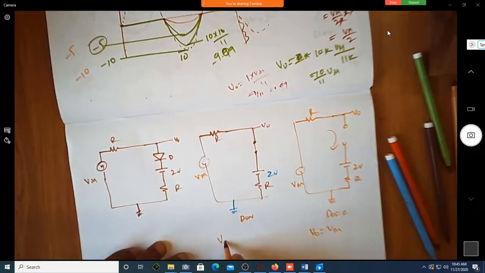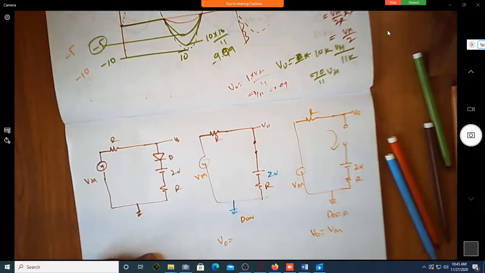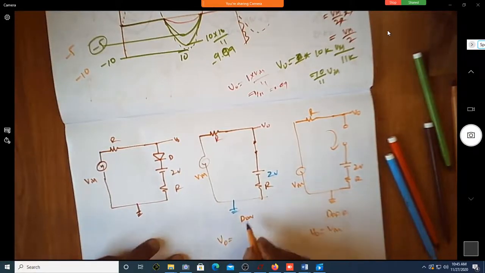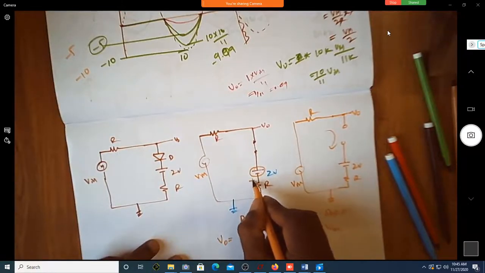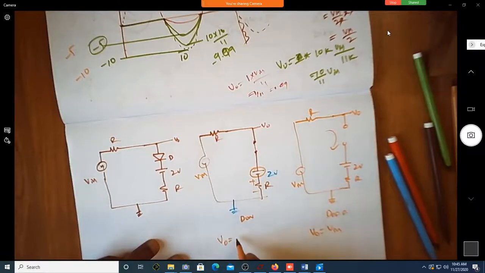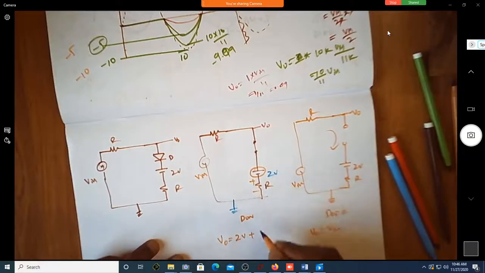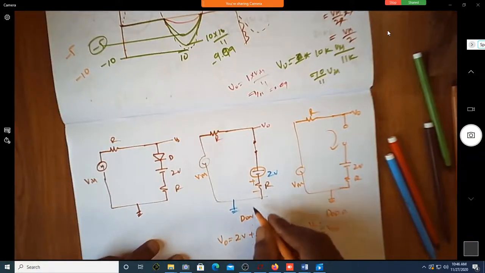What is V naught here? 2 volts, sir. Just 2 volts. This 2 volt plus this drop. So is it not 2 volt plus I into R? 2 volt plus the drop. So what is the drop due to that?